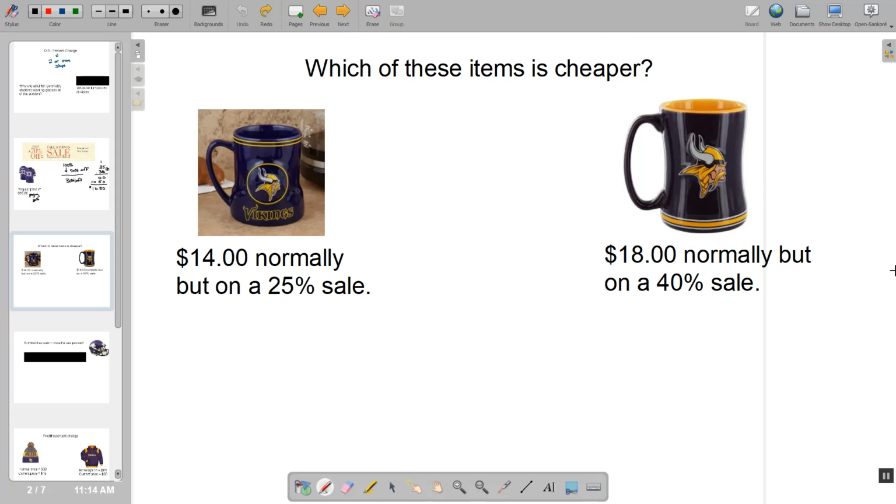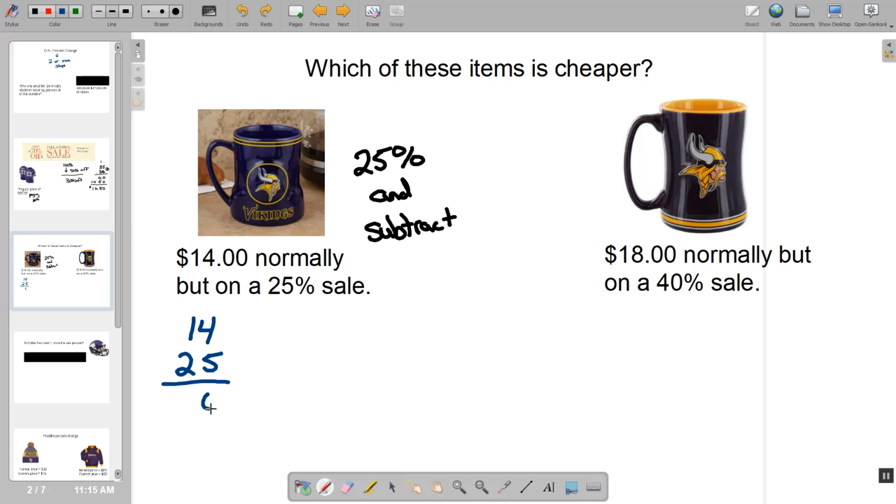So I have two items here that are both on sale, and I'm going to do each of the algorithms. So on the left side, we're going to do the two-step algorithm, which means I'm going to find 25% and subtract. So I'm going to take 25% of my $14, and then I'm going to subtract that from what I started with.